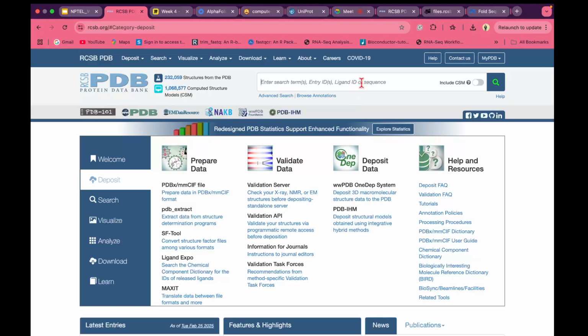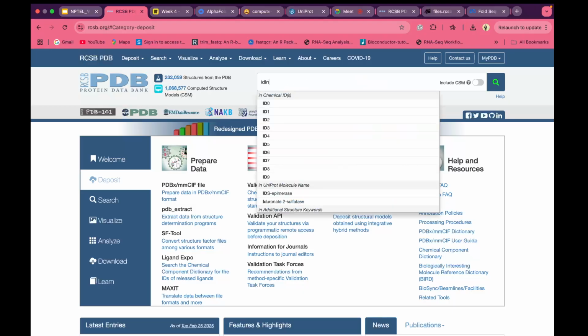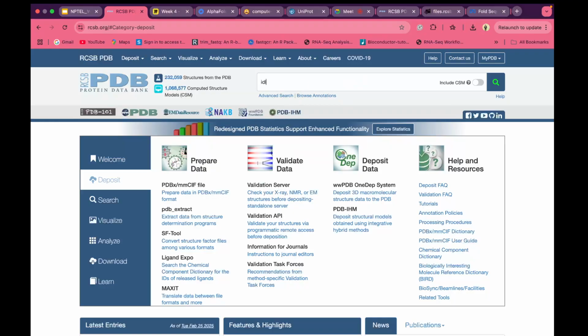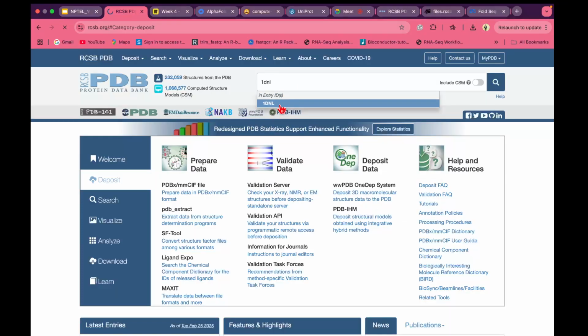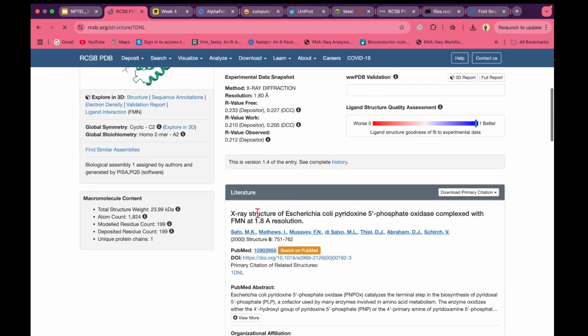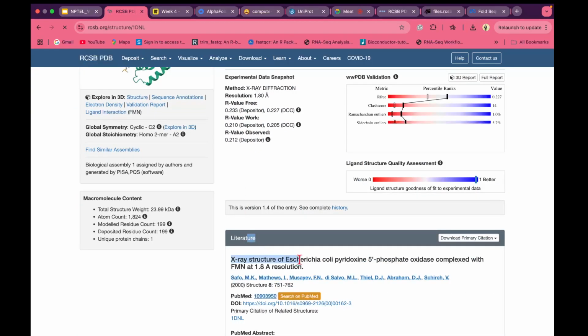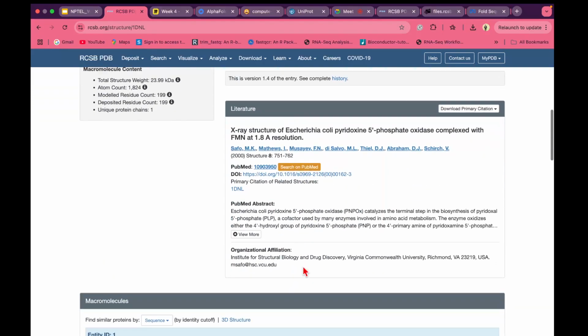Reviewers or readers will just type the ID like this. Here the literature information, where and how this PDB structure was determined, is provided.